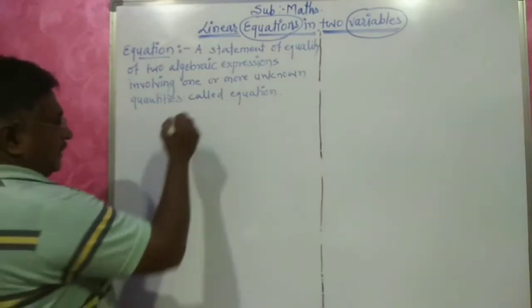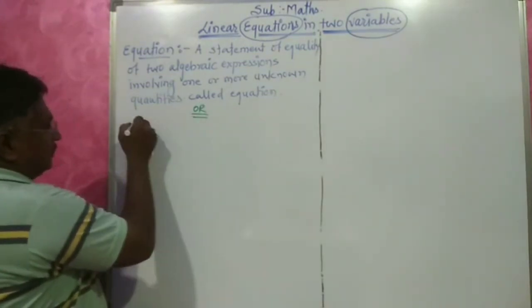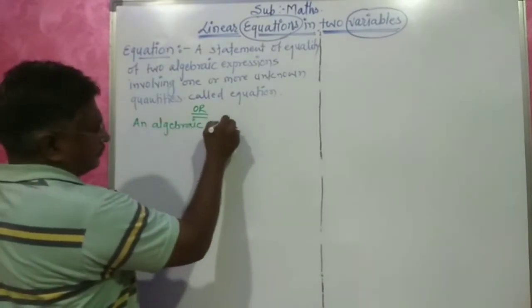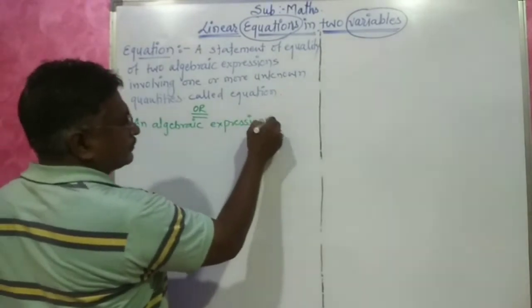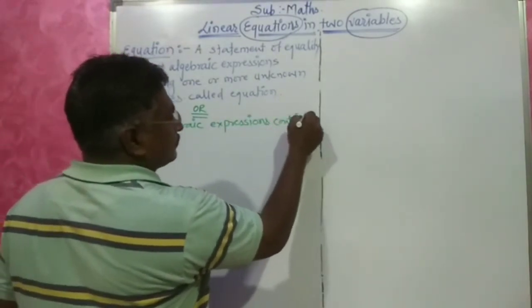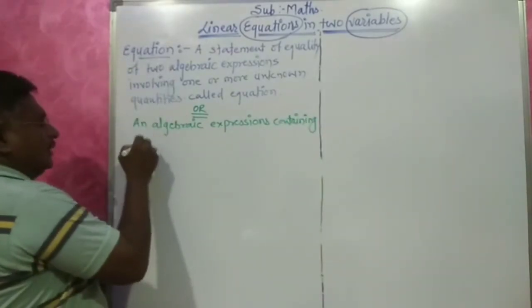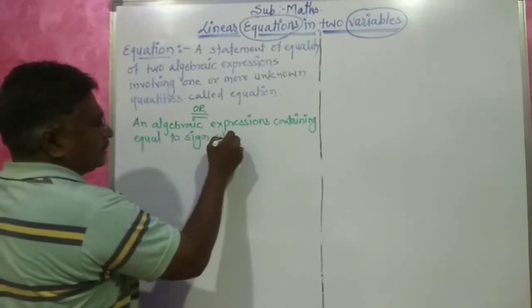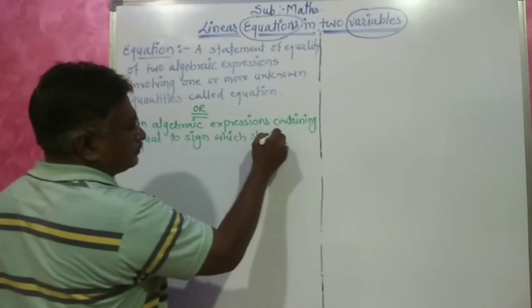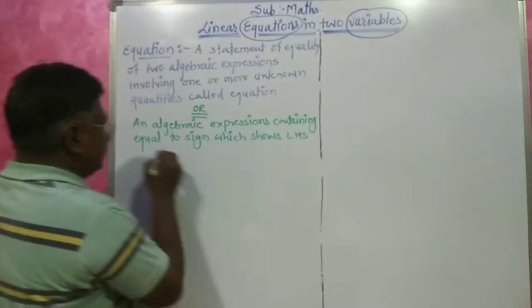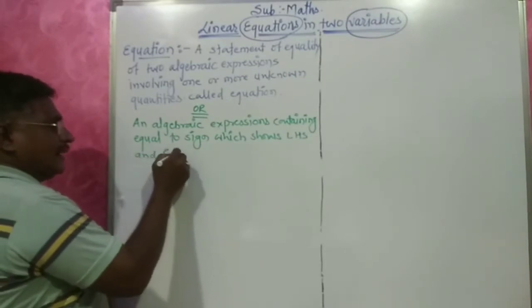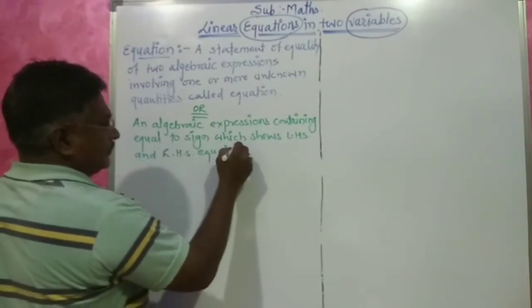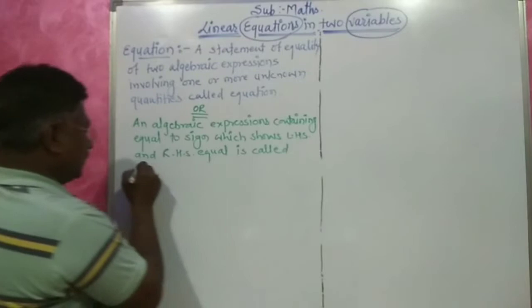Or another way also we can write: an algebraic expression containing the equal to sign, which shows left hand side and right hand side equal, is called an equation.